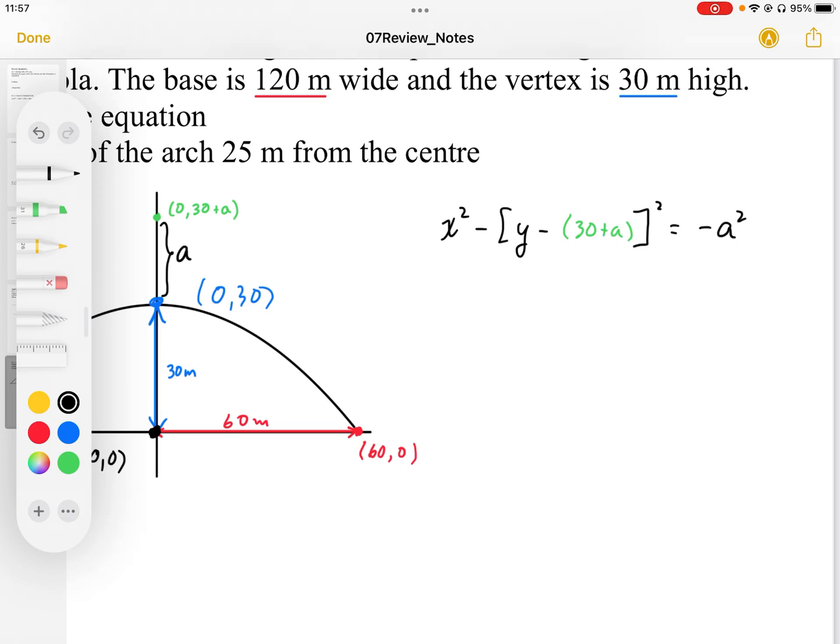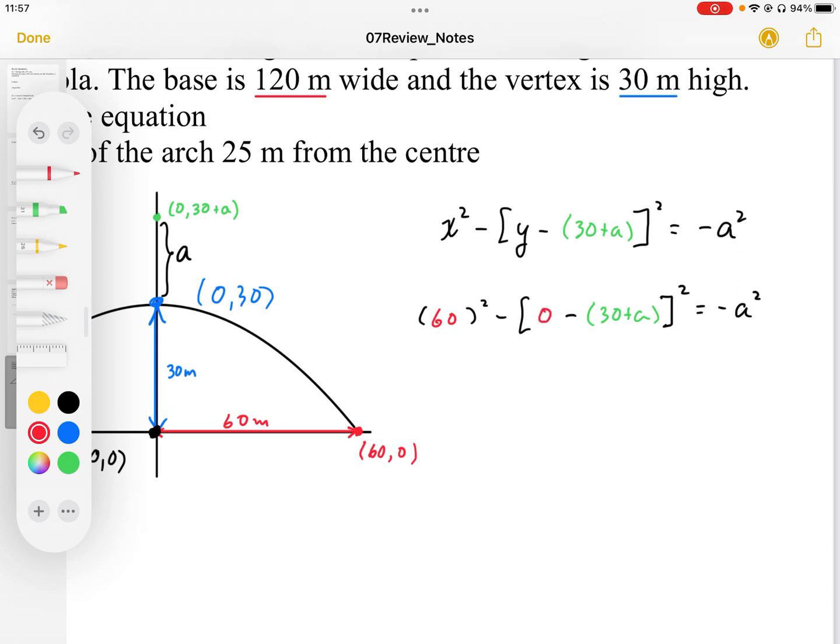So plugging that in, I'm going to end up with x squared minus y minus the 30 plus a, all squared, equals negative a squared. And in here, I'm going to plug in x is 60, and y is 0.